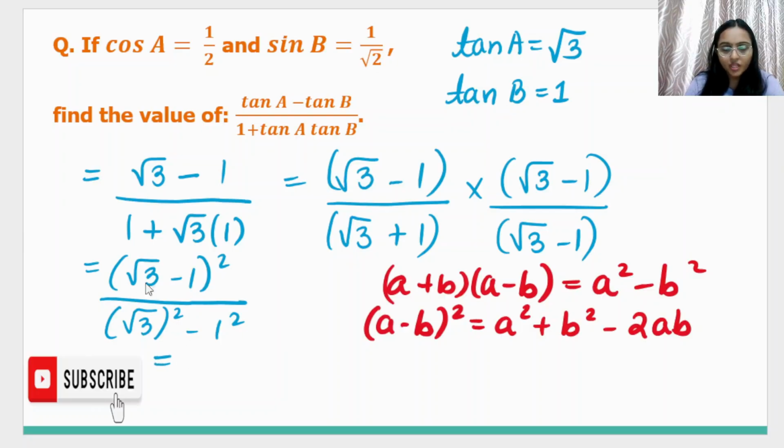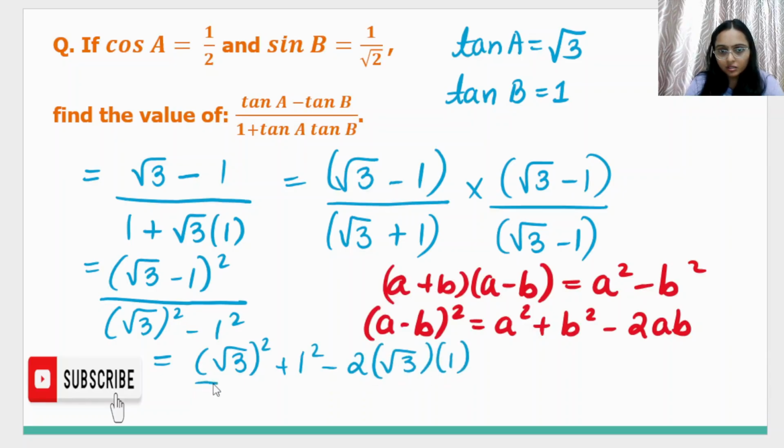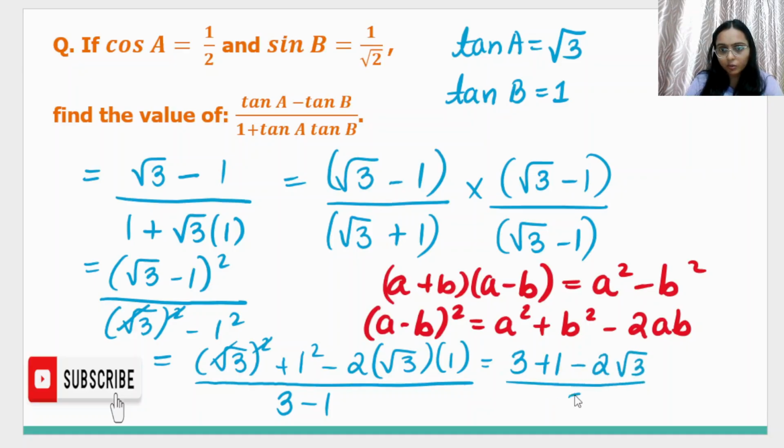So the numerator becomes root 3 the whole square plus 1 square minus 2 times root 3 times 1, the whole upon root 3 square minus 1 square. So the denominator is 3 minus 1, which is 2. When you simplify the numerator, root 3 square is 3, so 3 plus 1 gives you 4 minus 2 root 3, upon 2.